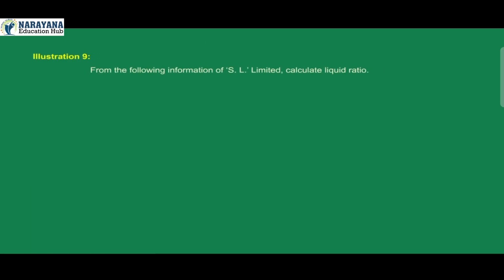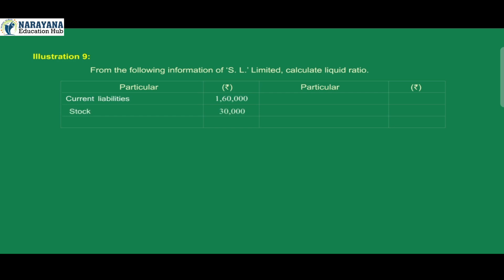Illustration 9. From the following information of SL Limited, calculate liquid ratio. Particulars: rupees. Current liabilities: 1,60,000. Stock: 30,000. Debtors: 20,000. Current assets: 2 lakh. Expenses paid in advance: 10,000. Bills receivable: 15,000.